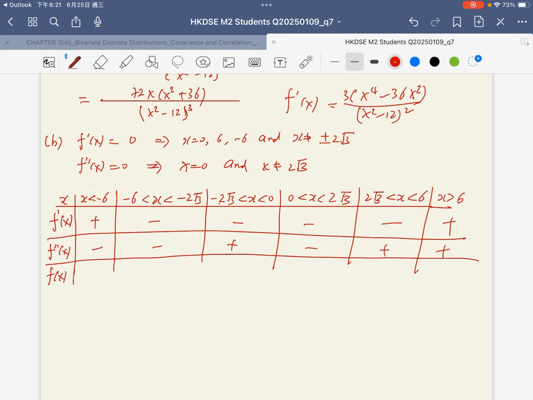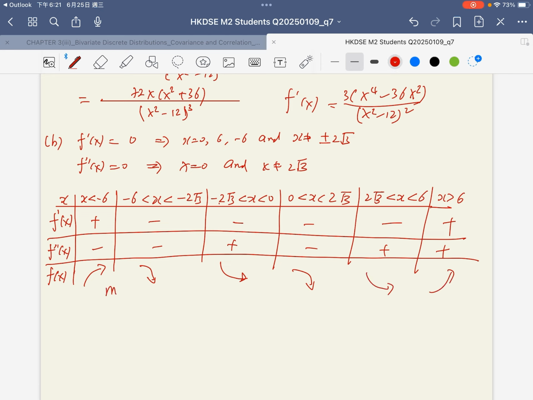Therefore, the shape of the function is as follows. When x is less than negative 6, it is increasing and concave downward. Between negative 6 and negative 2 root 3, it is decreasing and concave downward. In the next range it is decreasing and concave upward, and this is decreasing concave upward. Therefore, 0 is a point of inflection, and negative 6 is a maximum. Then here is decreasing concave upward, then increasing concave upward.